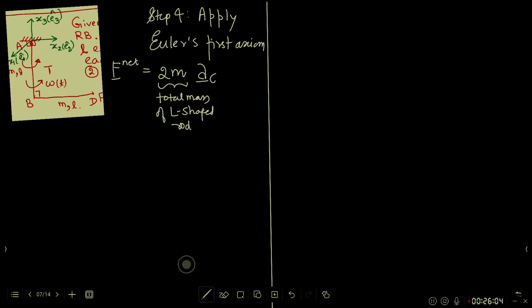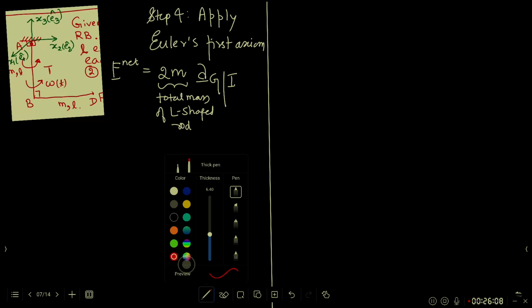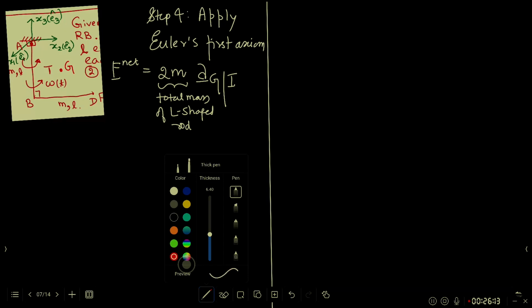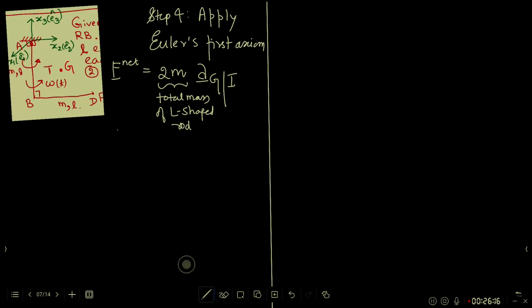G is the center of mass of this rigid body, which is lying somewhere; I just put G on the figure. Now the acceleration of the center of mass can be computed like this.